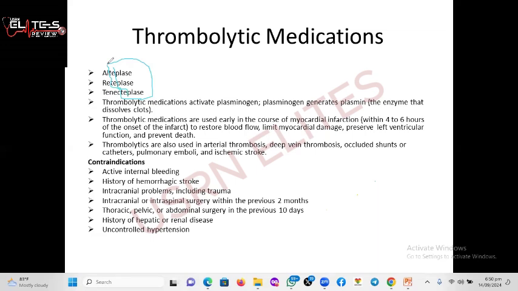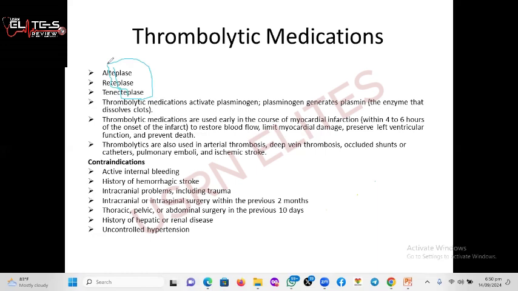And we know that in ischemic stroke, a clot has blocked the supply of blood to the brain, leading to the stroke. And mostly when someone is having an ischemic stroke and you need to give a thrombolytic, there is a time duration in which it is given.